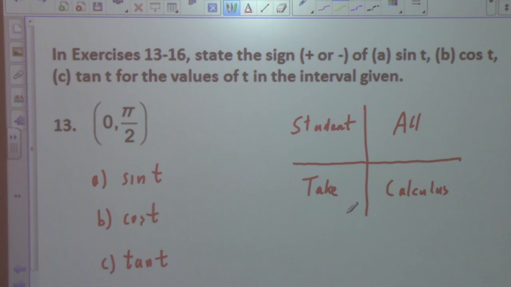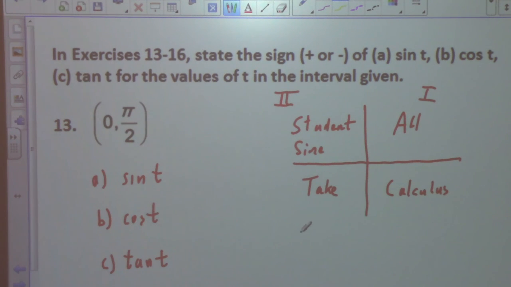Basically what this is telling you is here in quadrant 1, all trigonometric ratios are positive. Here in quadrant 2, the sine, student stands for sine, is positive, but cosine and tangent are negative.